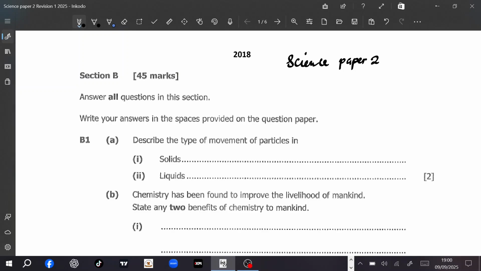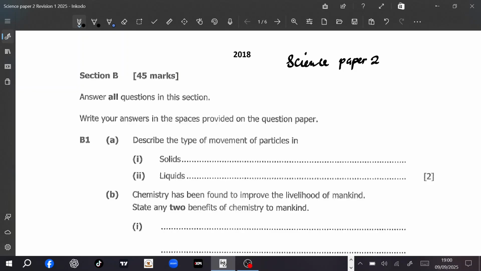So I decided to pick some questions from the 2018 examination question paper because these questions were found there. I wanted us to start at least from the start of the syllabus for Science Paper 2, which is chemistry.